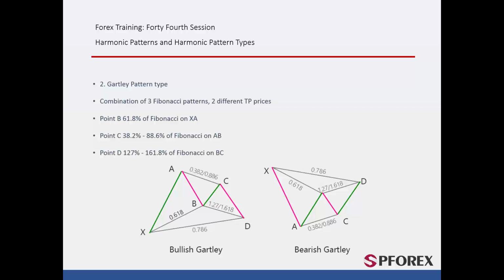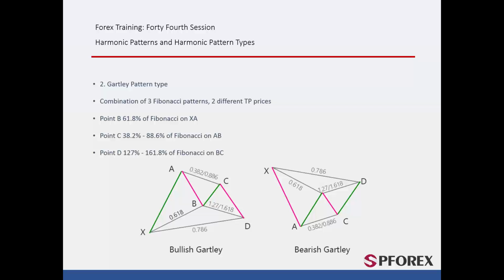The trend moves from the starting point X toward the point A. Then it reverses its direction until it reaches point B. If the first Fibonacci is drawn on the XA line, then B should be around the 61.8% level.